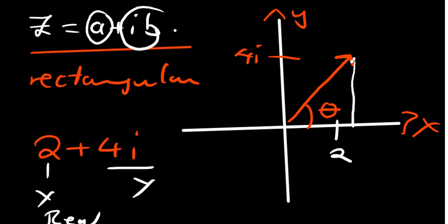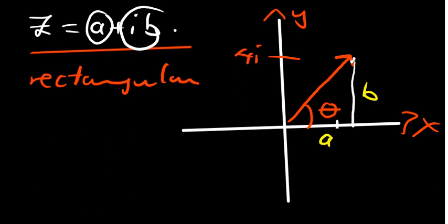Our a is the x-axis, right? Are we in agreement? So this is the x-axis, that is the y-axis. We are saying that a is representing the x, then b is representing the y, which is the imaginary part of the complex number. So from there, that is where we get the polar form.